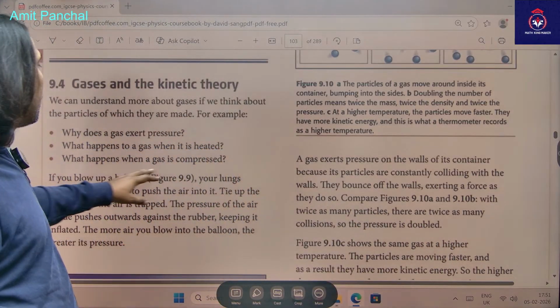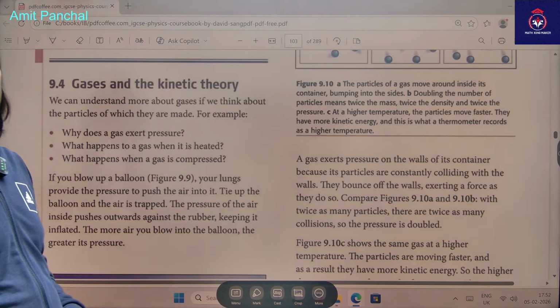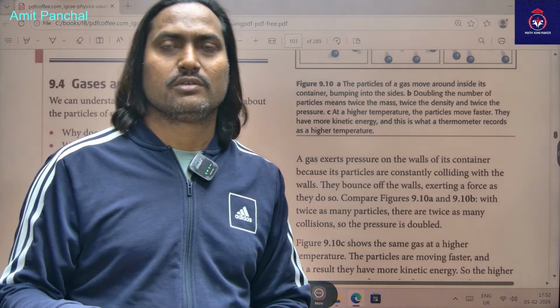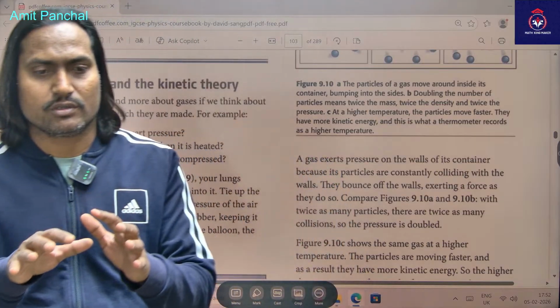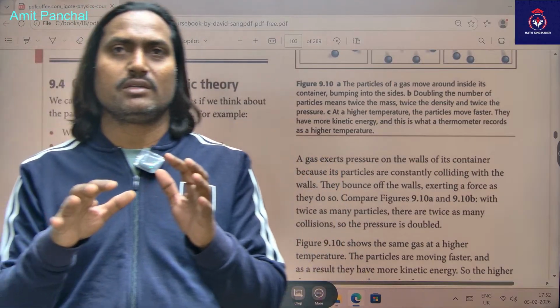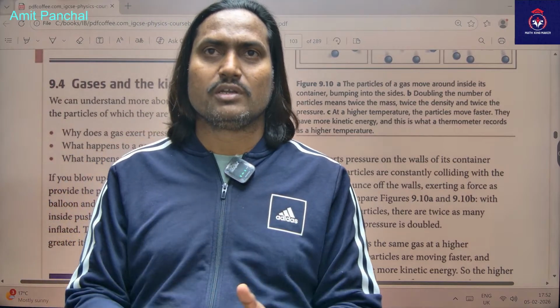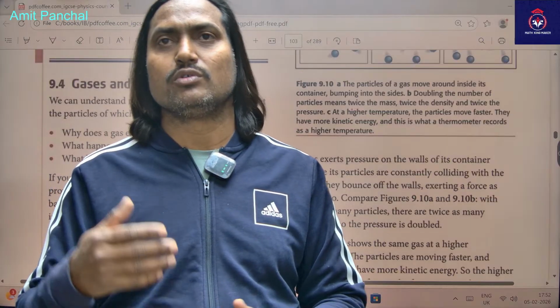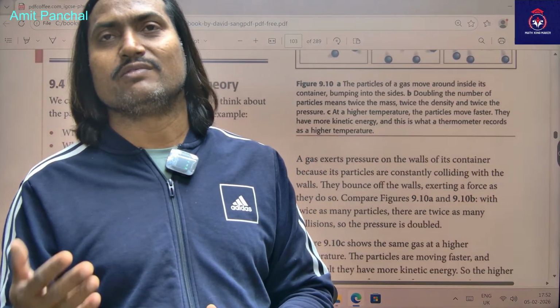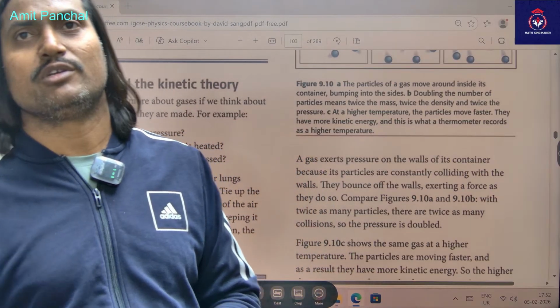What happens when a gas is compressed? The particles move closer together, right? You are making the particles closer. If they are closer, then they can be converted into liquid as well as solid if you compress it more.